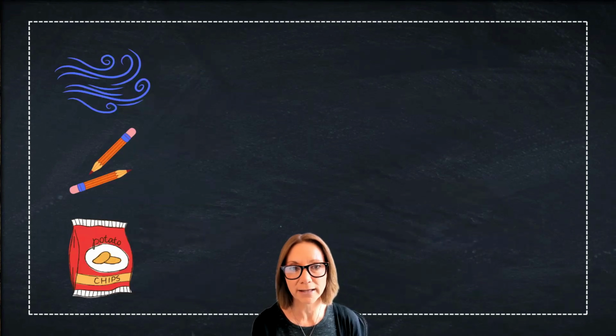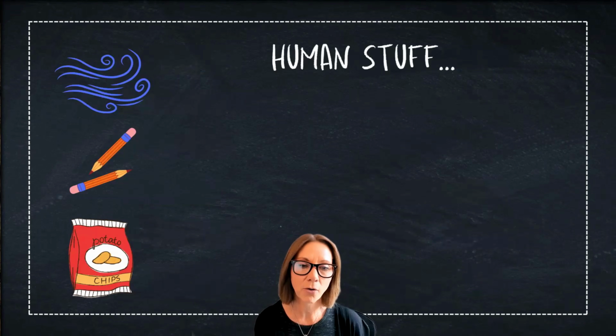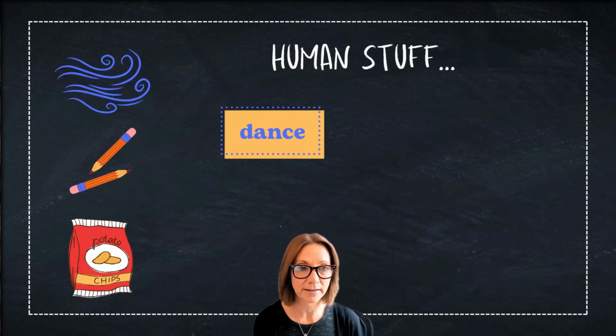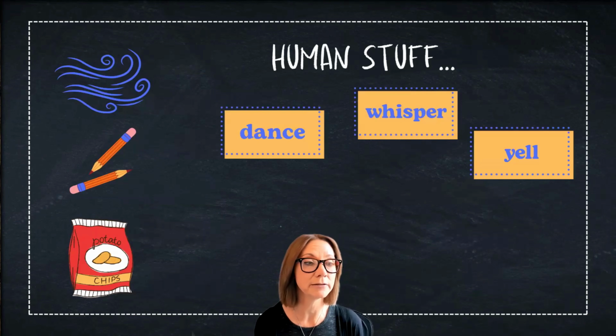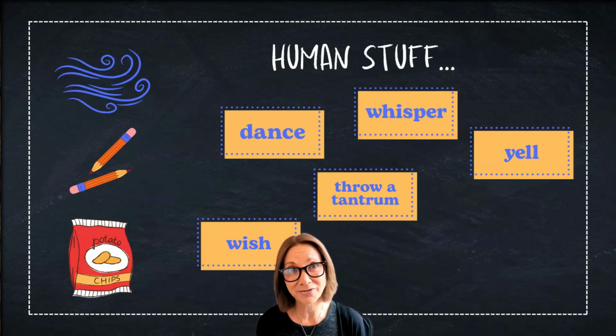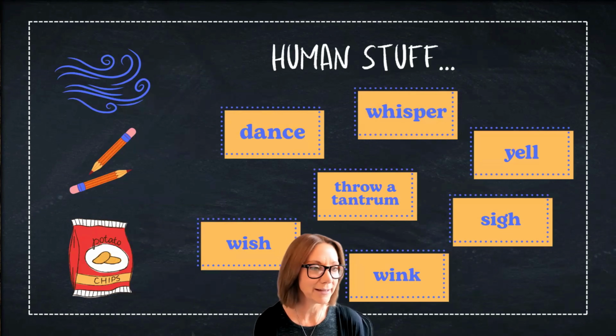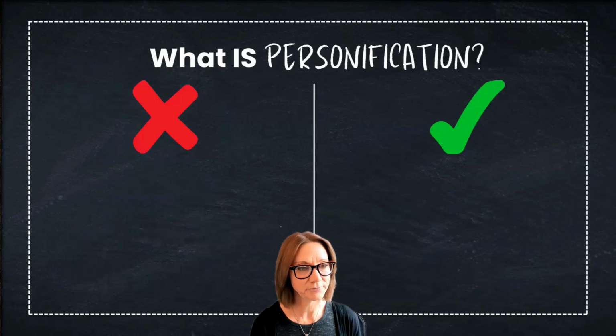So if you thought about wind or pencils or potato chips, then you try and have them do human type things. And that might be something like dance or whisper or yell, throw a tantrum, wish, wink, sigh, all the things that humans do that typically other animals don't usually do.